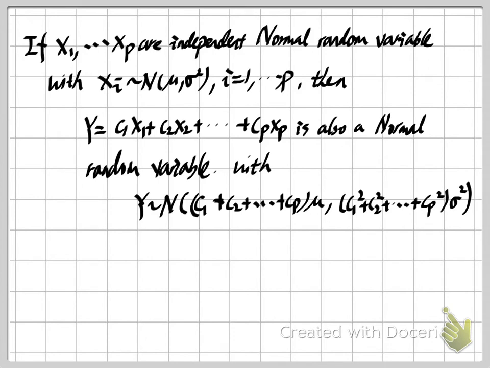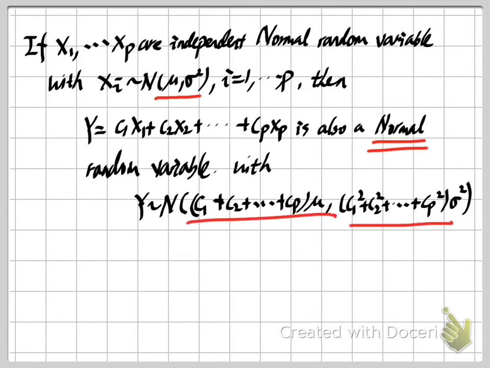If x1 until xp are independent normal random variables, and all of them share the same mean and variance denoted by mu and sigma square, then the linear function of this group of random variables is still a normal random variable. And we can also compute the mean and the variance of this new random variable y.